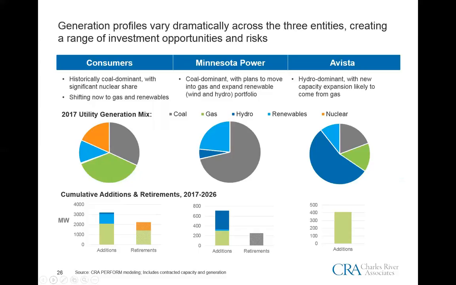They've been shifting now to renewables and gas, and you see on the bottom graphic below that pie chart an expectation to get out of the nuclear contract and make quite significant builds on the gas front, maybe upwards of 2,000 megawatts of new gas builds in the state of Michigan over the next 10 years. In addition, there's a new RPS law that was passed over the winter in Michigan, and they have a plan to heavily invest in renewables, primarily wind, to comply with that.